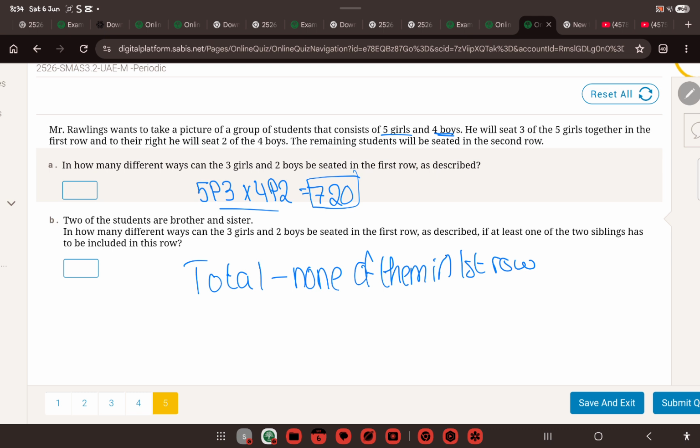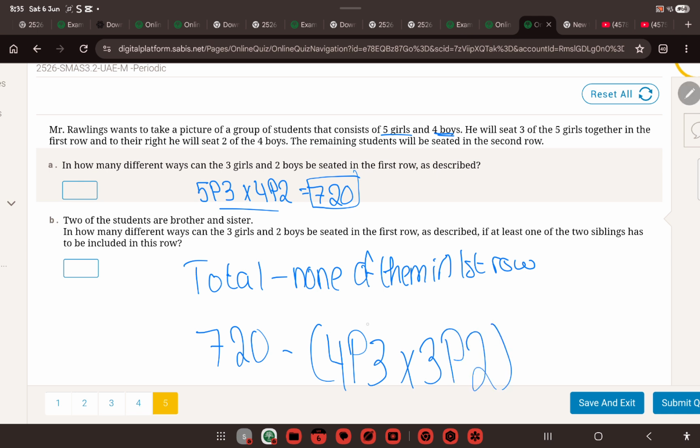The total is the number that we found in part A, which is 720, minus the case where we remove the sister from the girls, so it becomes 4 permutation 3, times we remove the brother and take 2 boys from the remaining 3. I was going to say choosing, but that reminds me of combination, so it doesn't sound right.